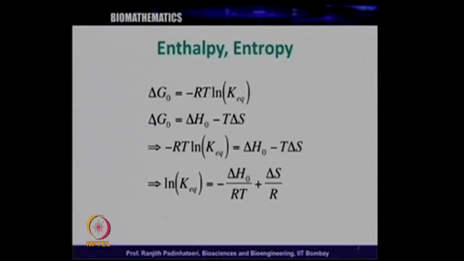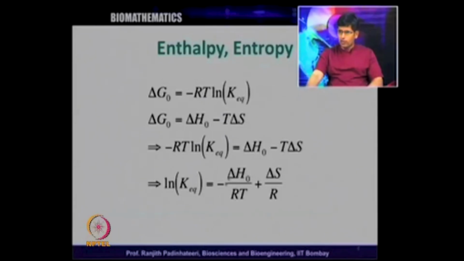Combining the two equations, I get minus RT ln K equilibrium is delta H0 minus T delta S. If I rearrange this, dividing throughout by minus RT, I get ln K equilibrium is equal to delta H0 divided by minus RT and minus T delta S divided by minus RT. Essentially, ln K equilibrium is equal to minus delta H0 divided by RT plus delta S by R.